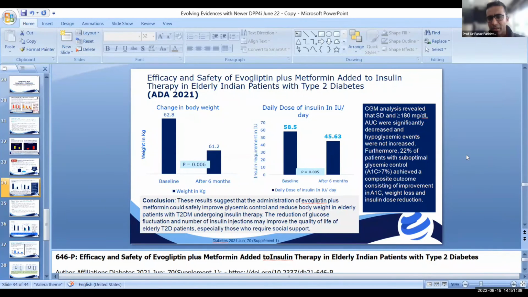One thing again which came out is that it is not only very effective, the TIR is well maintained, and there was no change in the body weight. There was no increase in the body weight, and definitely there was a decrease in the insulin requirement, which was seen at the end of 6 months.